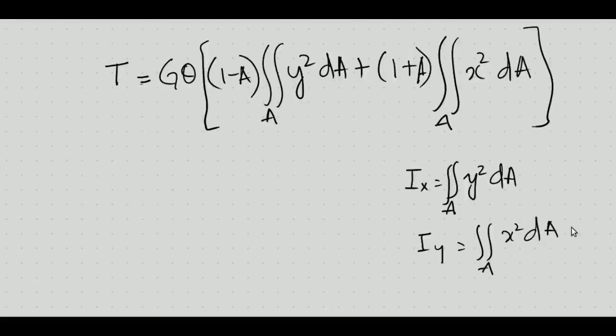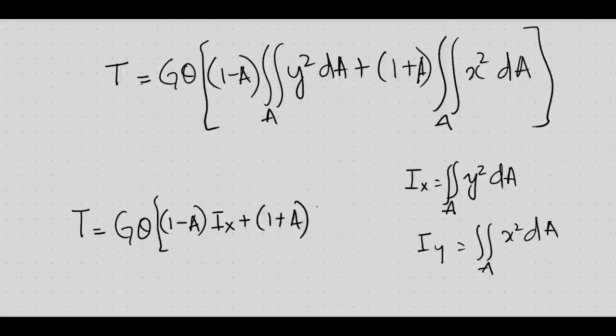If we put this in the equation, what will we get? We will get T is equal to G theta into (1 minus a) into Ix plus (1 plus a) into Iy.